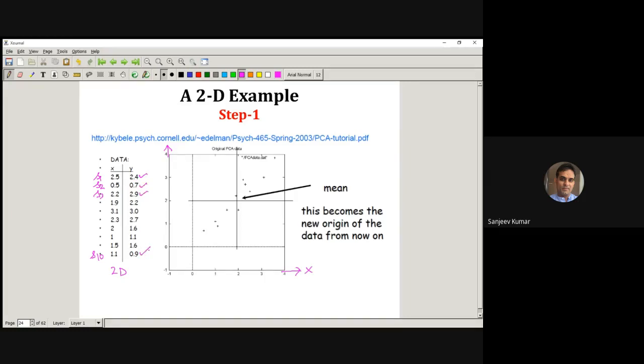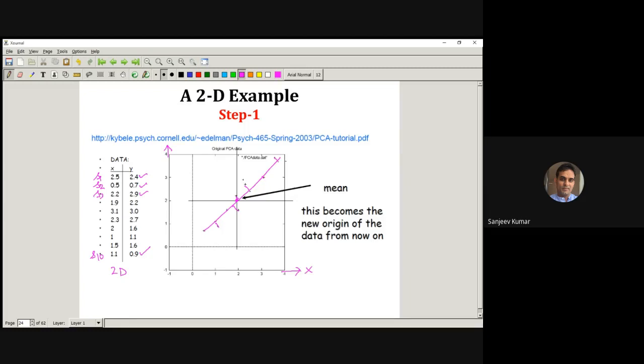This is the mean of this data. Now I want to reduce 1 dimension, to find a 1-dimensional representation. That means you have to find a line in the direction of maximum variation, and then project all those points onto that line.